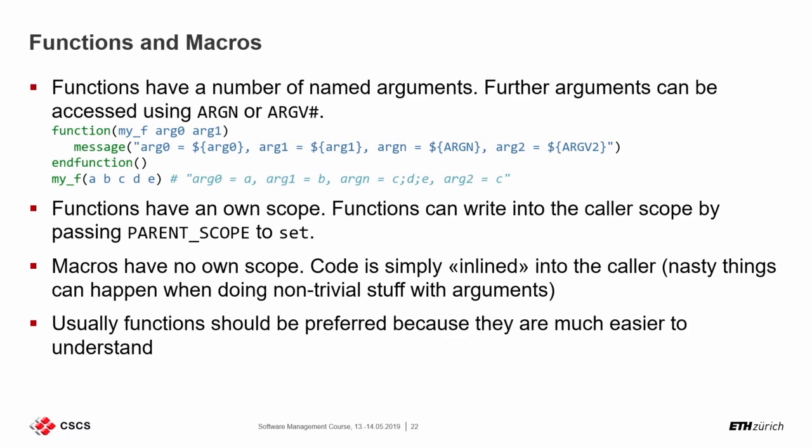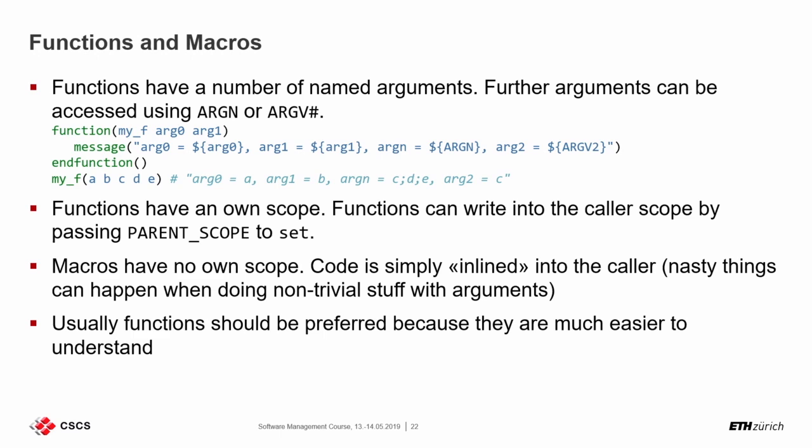And you can also explicitly refer to the additional arguments. So in this example, arg0 is explicit, arg1 is also explicit. And if I call it with f, a, b, it will print this. And argn contains all the rest, c, d, e.